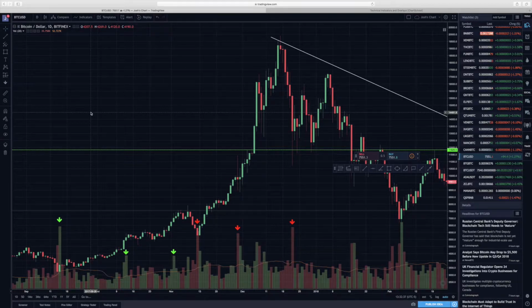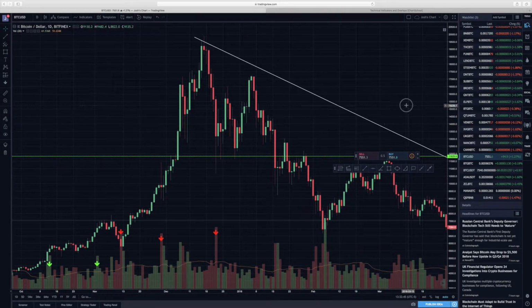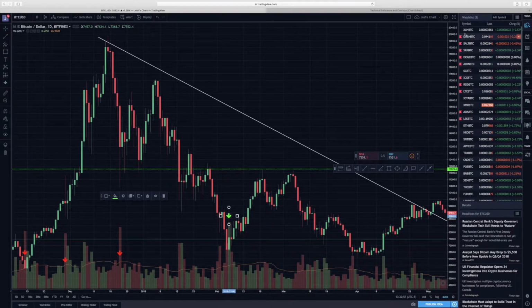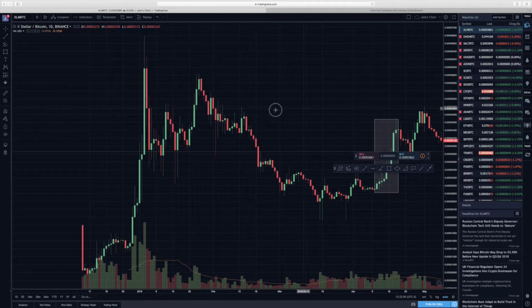I wouldn't use just one indicator though. You need multiple indicators to let you know that a trade is a good trade or a bad trade. So you can see it here again. Big green volume on a green candlestick day. Slight little uptrend. Let's go back and see some other examples.